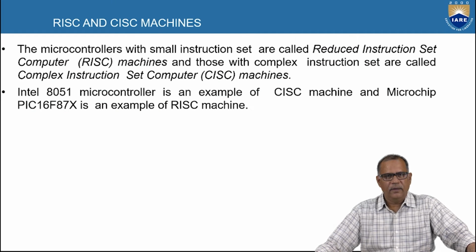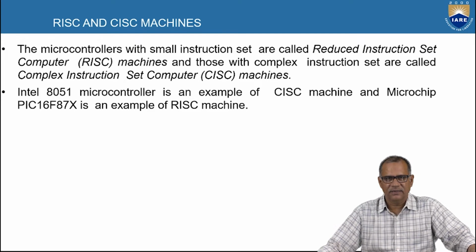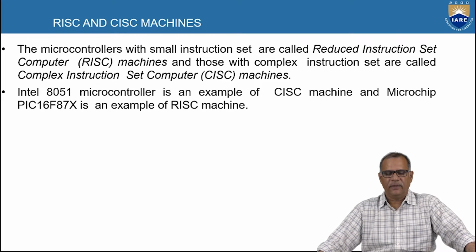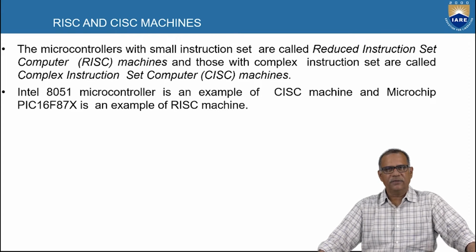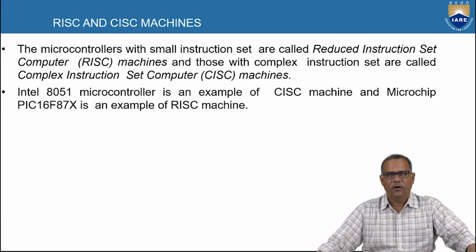The microprocessors and microcontrollers are also classified in a different fashion: RISC and CISC architecture. RISC is called reduced instruction set computer, and CISC is called complex instruction set computer.